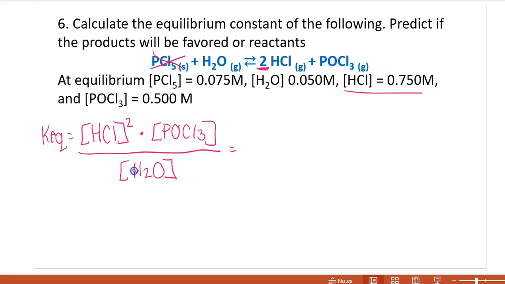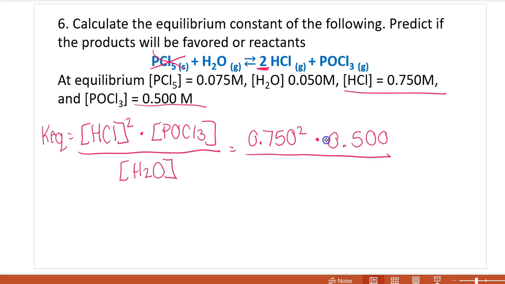Next step is just to plug in our values. And then lastly, we need to solve, and I believe we should get about 5.6.